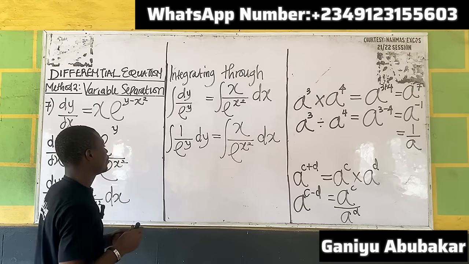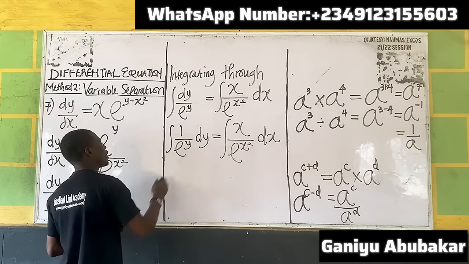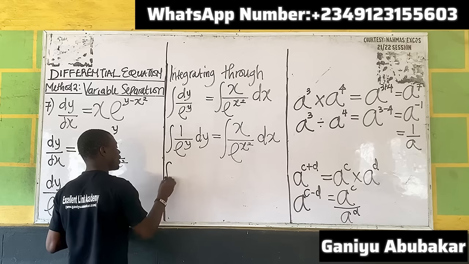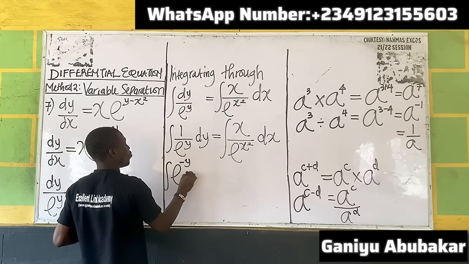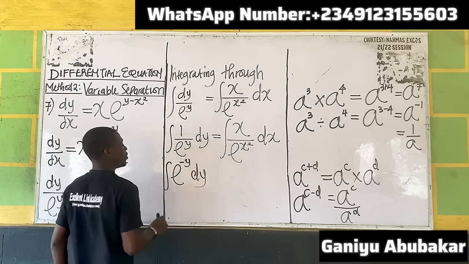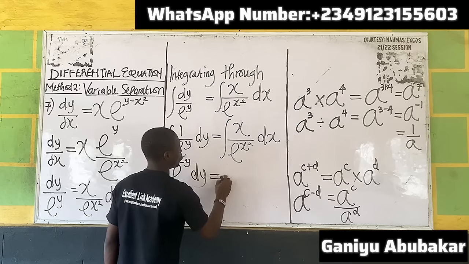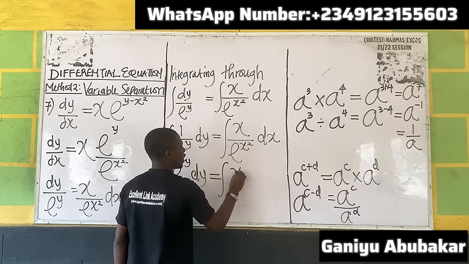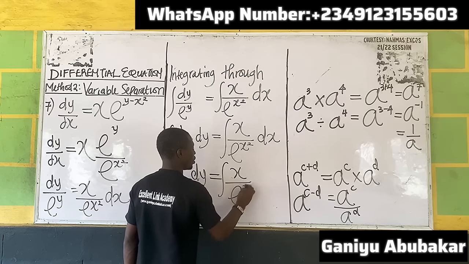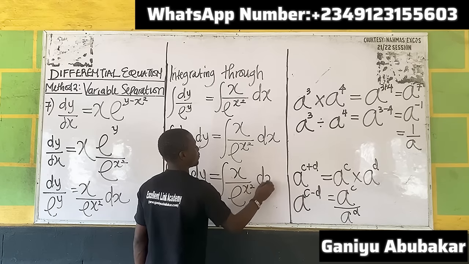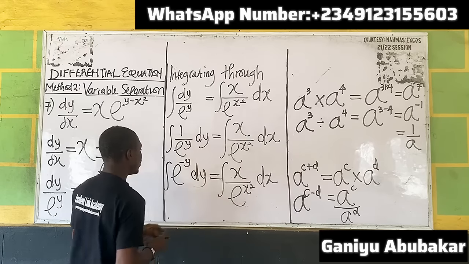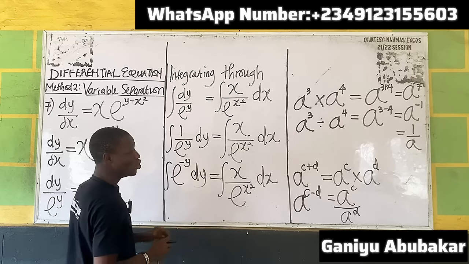From here, moving on, take this back to indices. That gives you the integral of exponential minus y dy, which is still the same thing, is equal to the integral of x all over exponential x squared with respect to x.